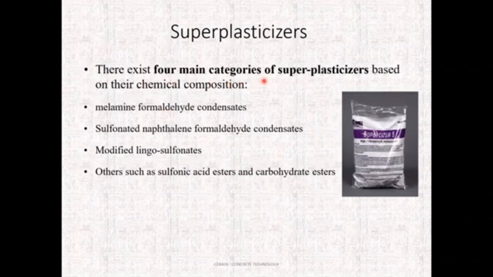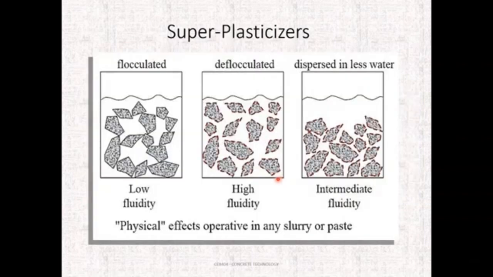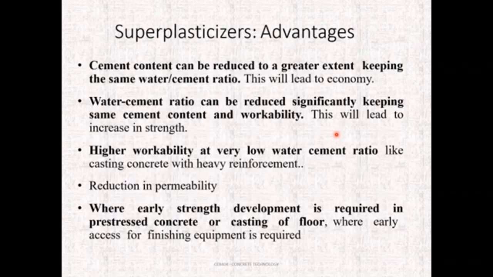The commonly available superplasticizers are sulfonated melamine formaldehyde condensate, modified lignosulfonate, and other sulfonic acid esters and carbohydrate esters. This is the physical effect of superplasticizer in the paste. Low fluidity we can see, and high fluidity, that is deflocculated, dispersed in a lesser amount of water.